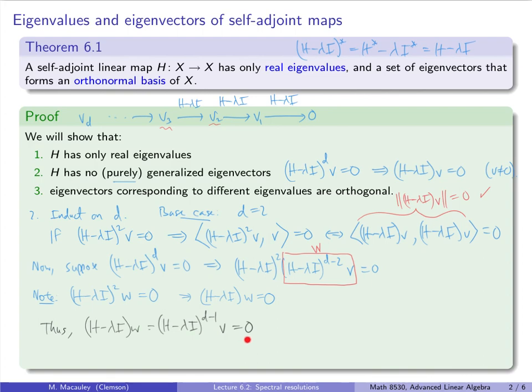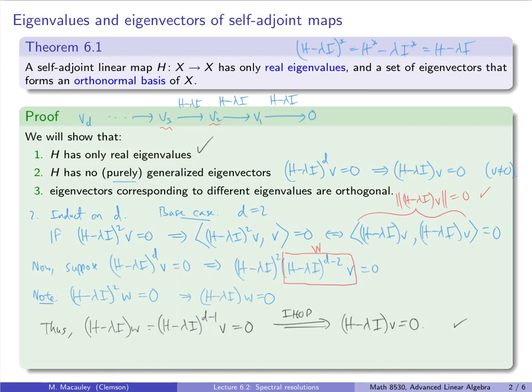And now, by the induction hypothesis, we can assume that this result holds for everything less than d. So in other words, (h minus lambda I) to the 1 times v equals 0. And that proves number 2.